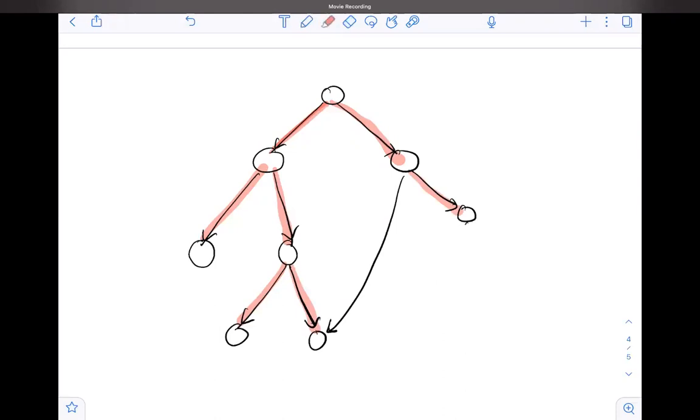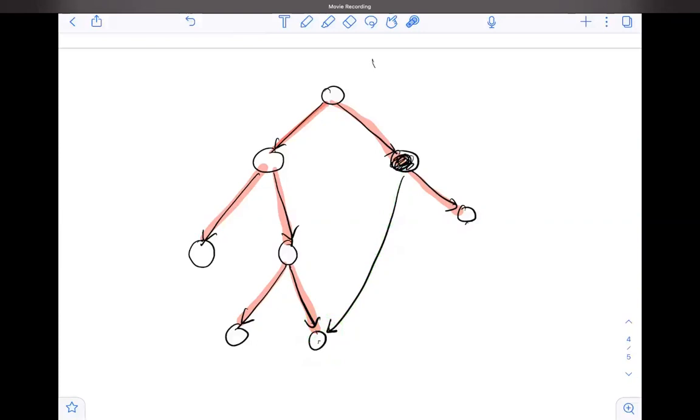When I was dealing with this particular vertex, I should have visited this vertex right away as a neighbor. So I should have just put this vertex up here, correct? Right. Yes, sir.